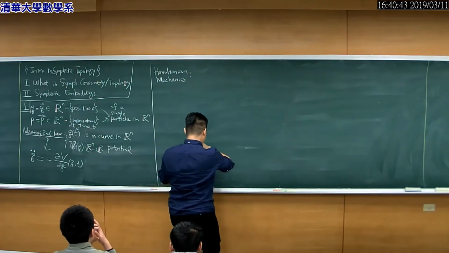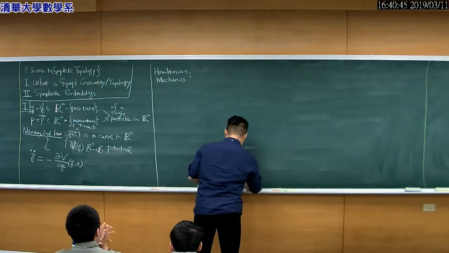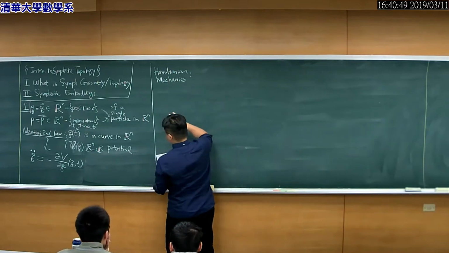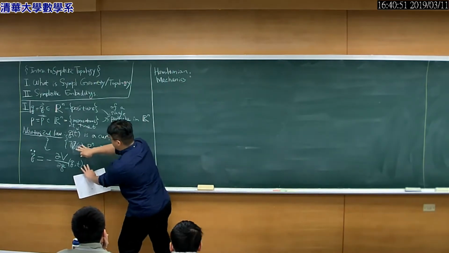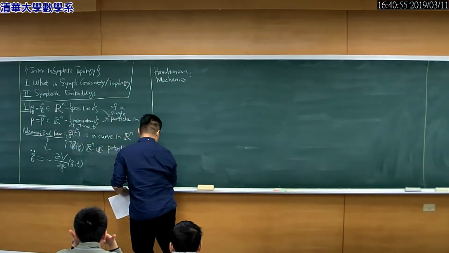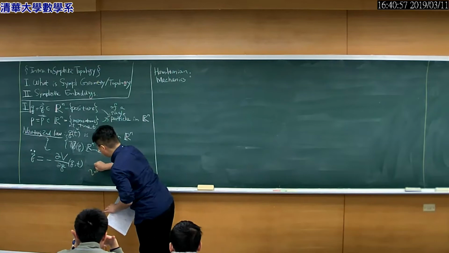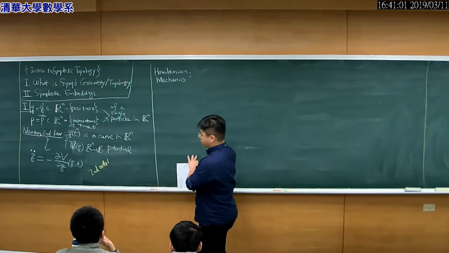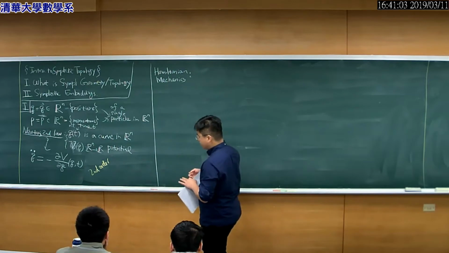So think about this. Here we don't see any momentum, we don't see speed, and it's a second order equation. And we want to turn it into a first order differential equation.